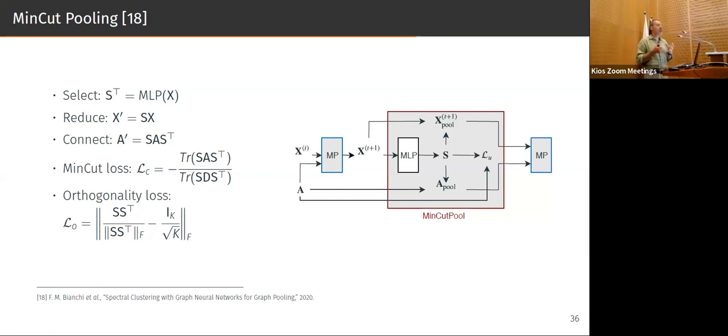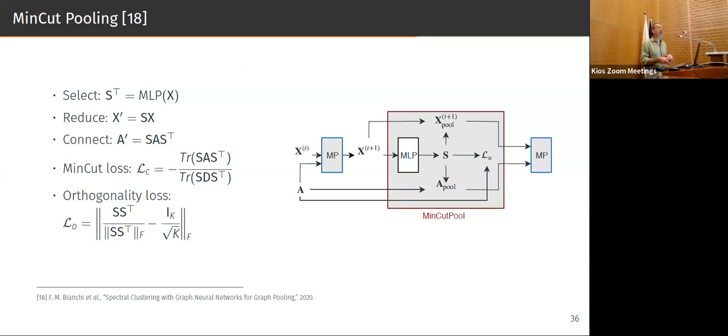You would like what you provide to be possibly sparse, and you would like to minimize the number of nodes that stay in two or more megaclusters. And this comes through an orthogonality loss, which is weighted to the mincut loss through a Tikhonov regularization. So you put everything together, and end-to-end, so everything is differentiable, you learn these score matrices.